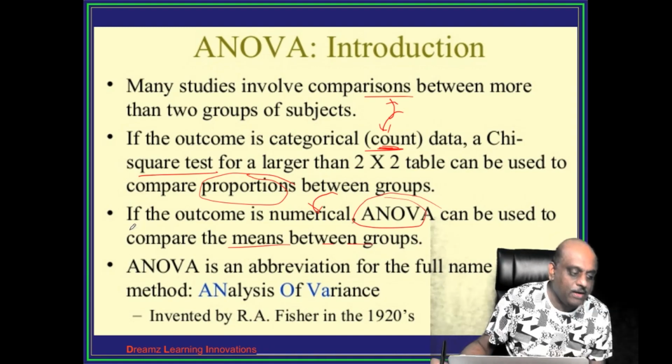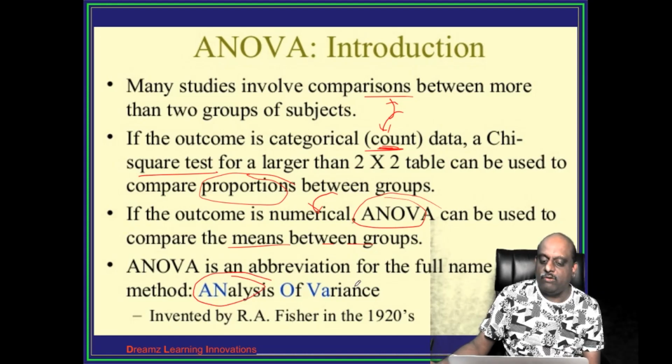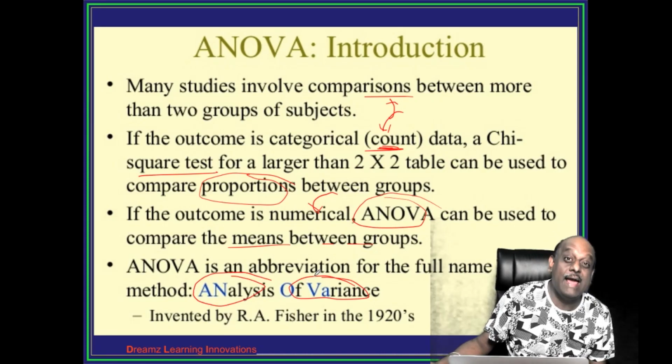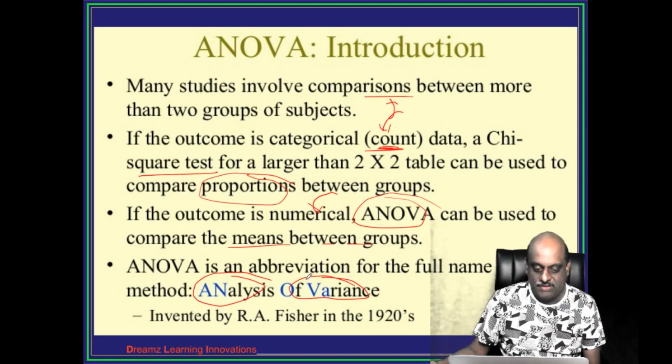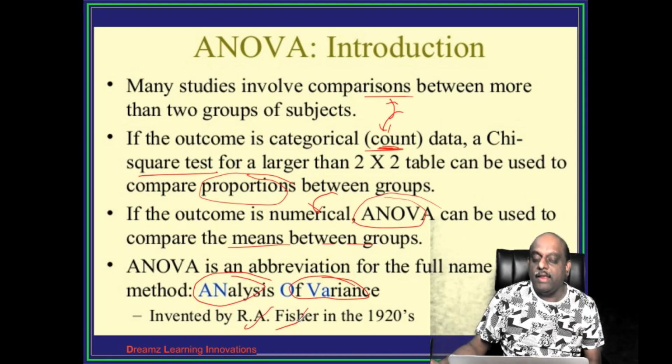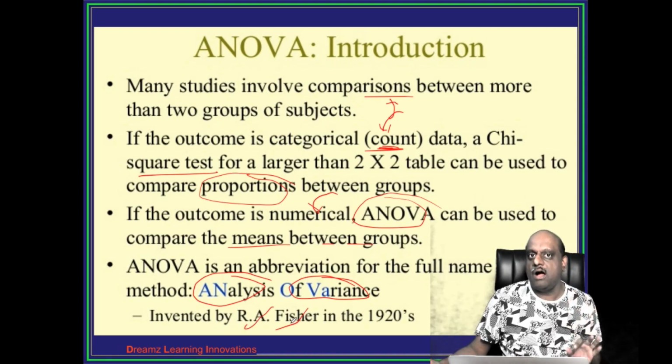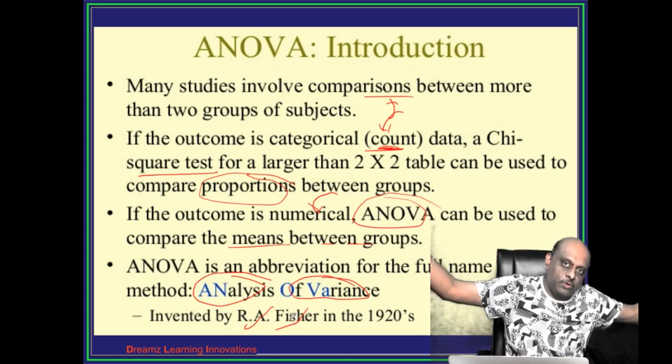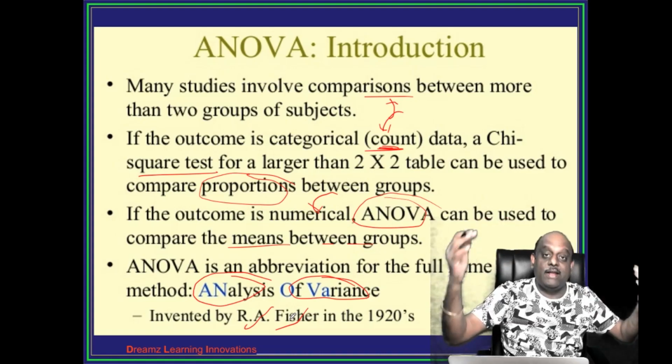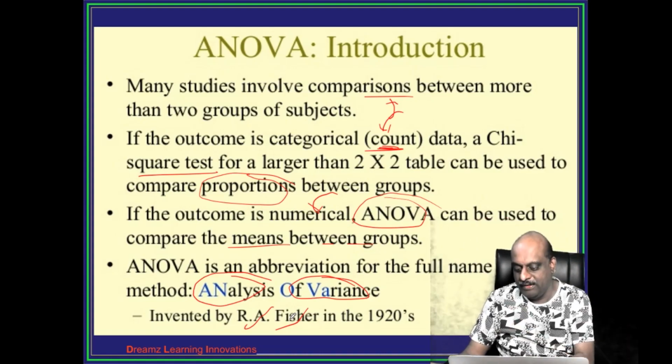Bhaiya, ANOVA kya hota hai? Analysis of variance. Who invented it? R.A. Fisher. You can remember, fish will be multiple fish groups. So, इसलिए Fisher ने ANOVA discover किया.